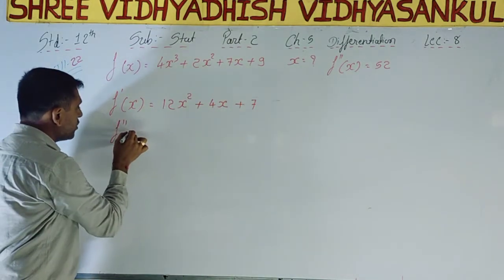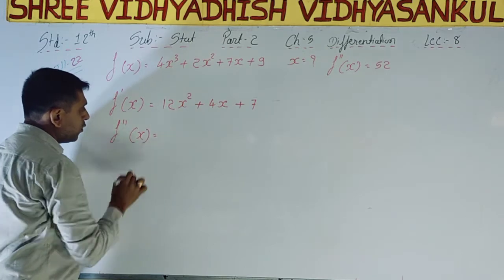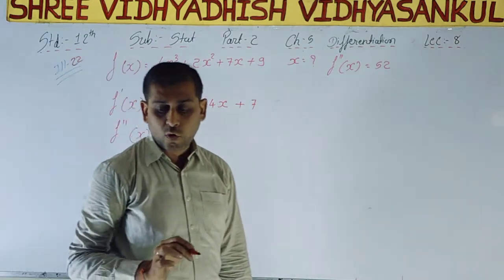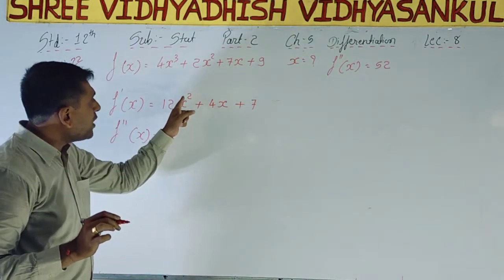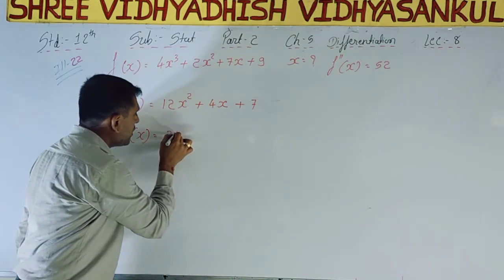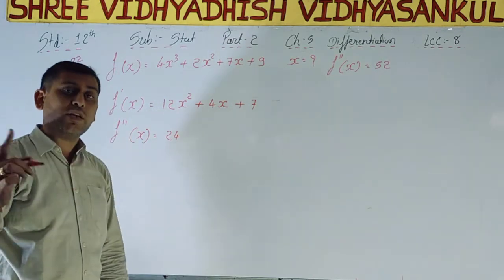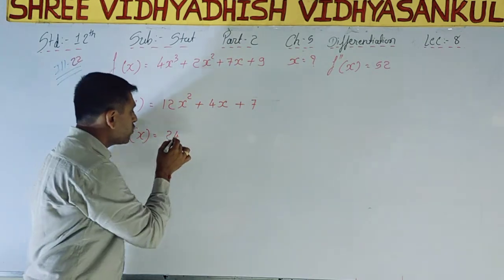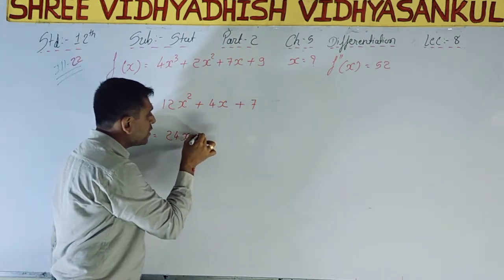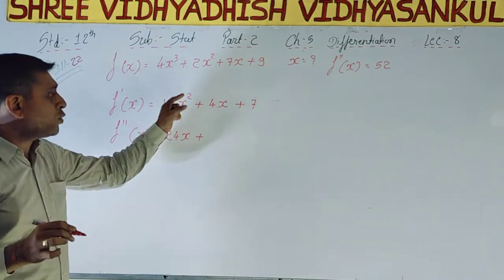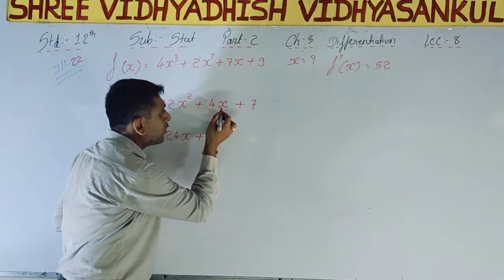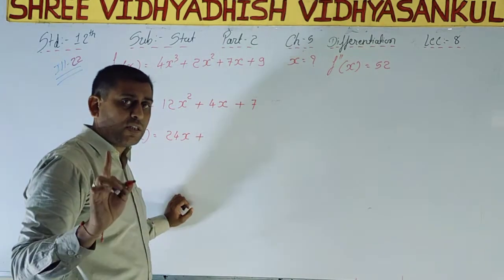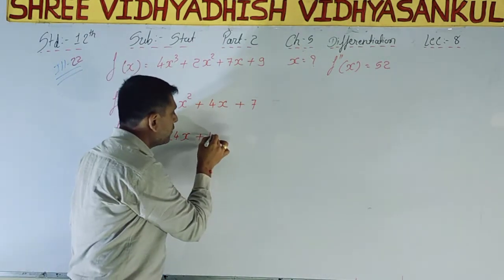Now the double differentiation. We have to find the double differentiation from this. 12 2s are 24, x raised to 2 minus 1, that is 1, so we don't have to write 1, that is only x. 12 2s are 24x plus 4 into the differentiation of x, which is 1, so 4 as it is.